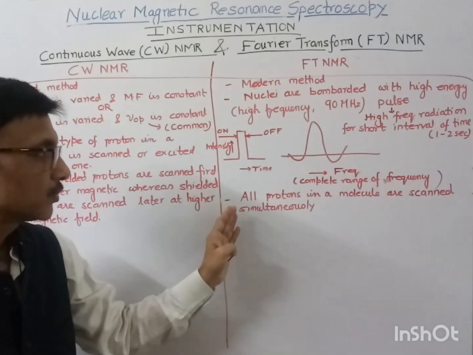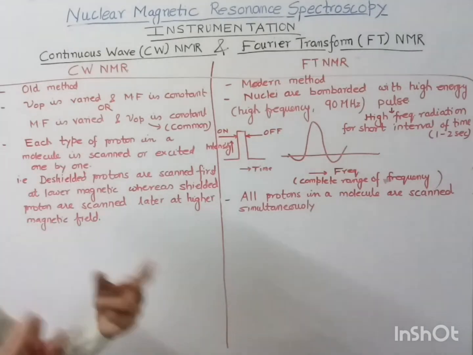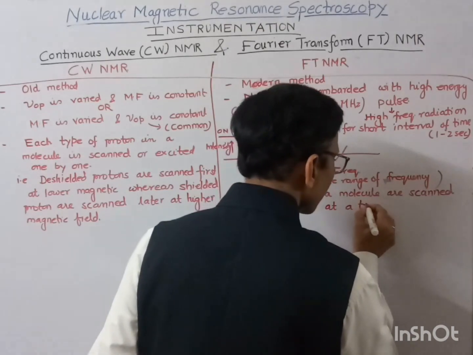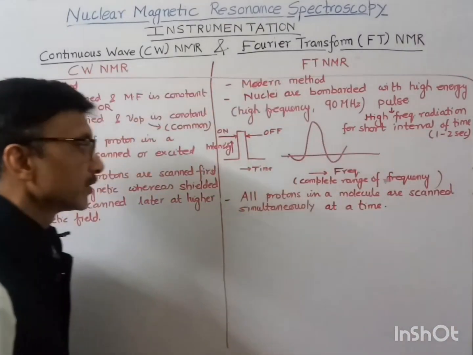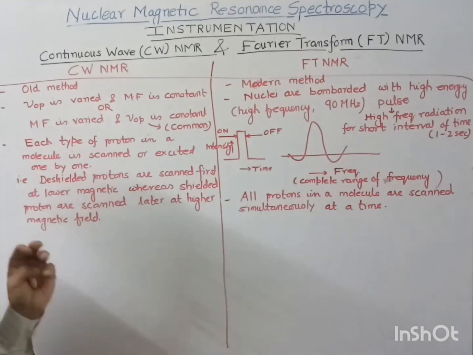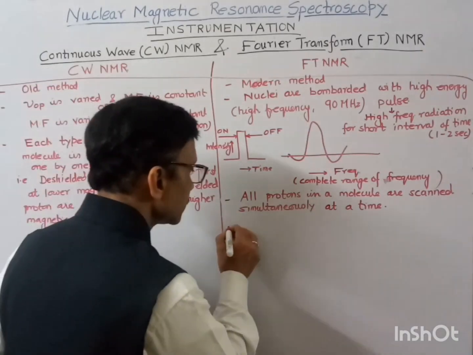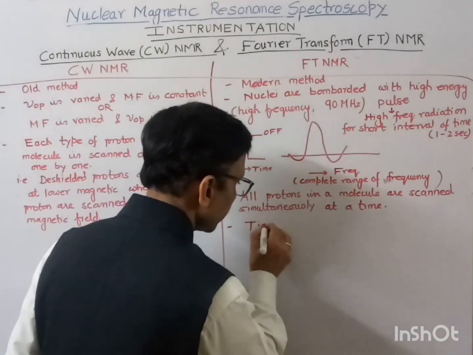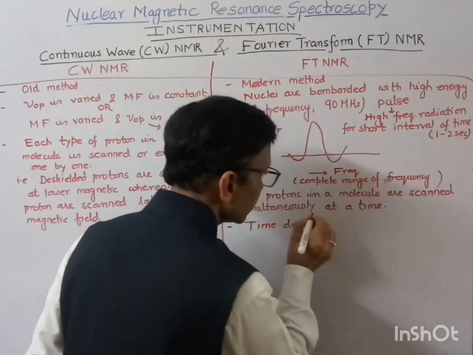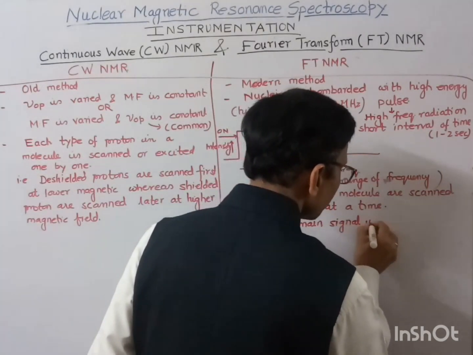So here in FT-NMR all protons are scanned simultaneously, at a time, whereas in CW-NMR all protons are scanned one by one. Since all protons are scanned at a time, a time domain signal is obtained in FT-NMR.